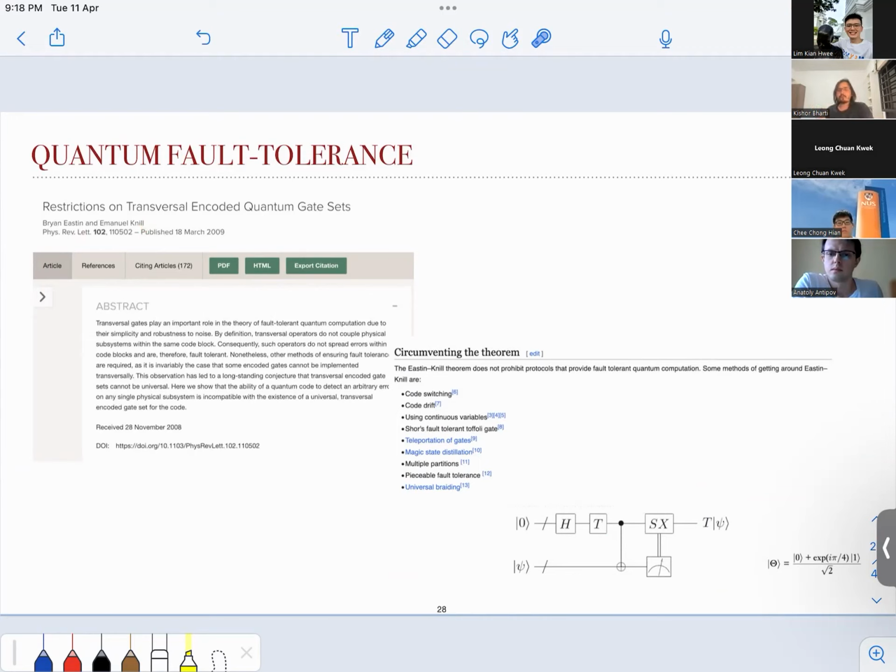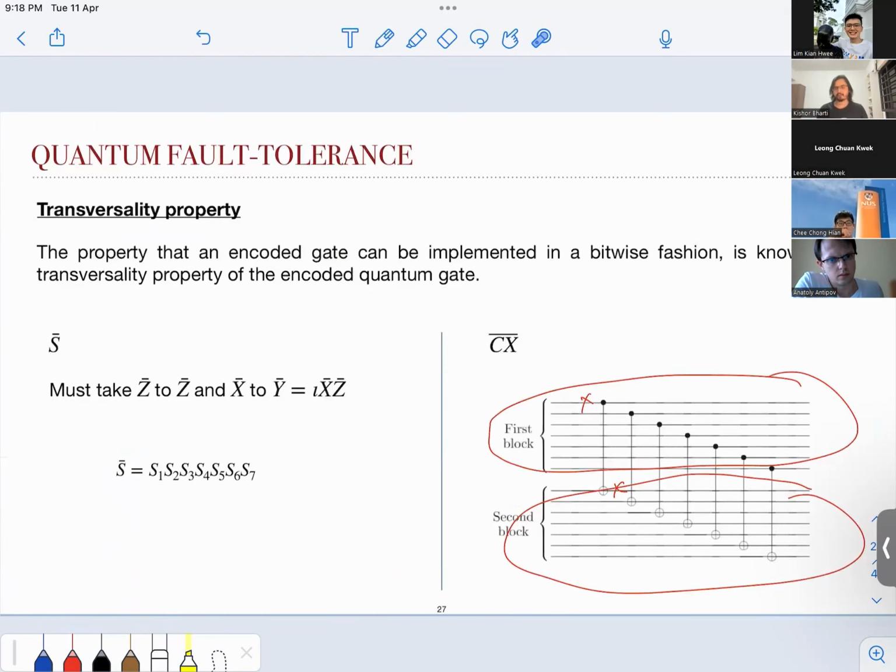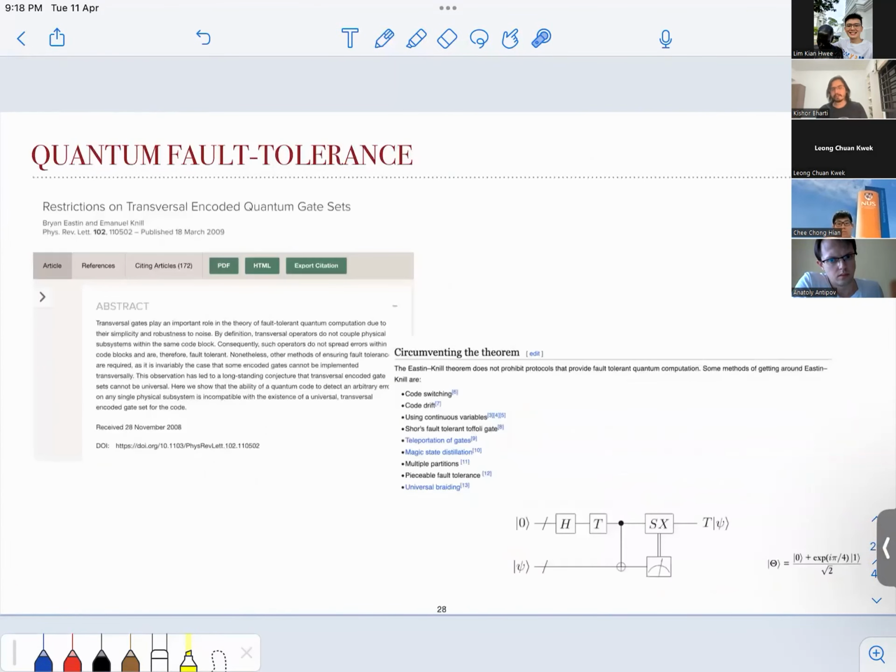So what they showed is that if you want to do universal quantum computation in a fault-tolerant manner, then not all gates can be implemented transversally. Maybe you can find a set of gates where some of them can be implemented, but then something will be left out.